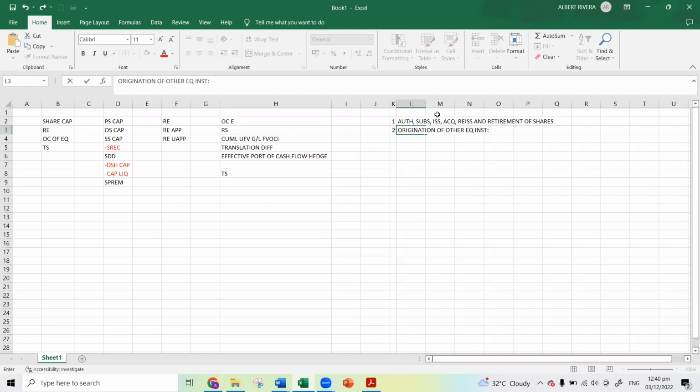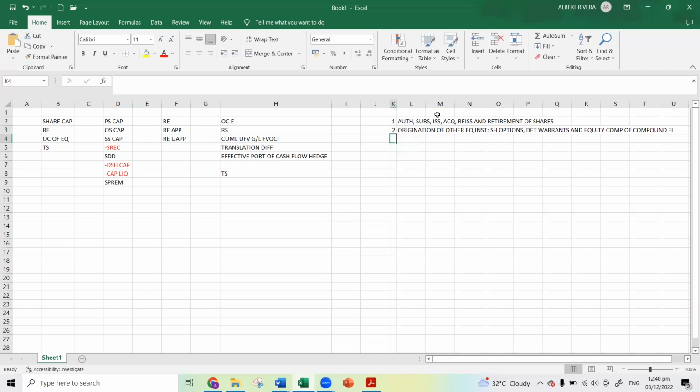Examples are your share options, detachable warrants, and other equity components of compound financial instruments.